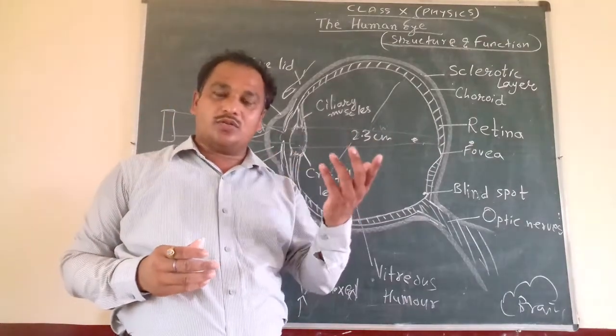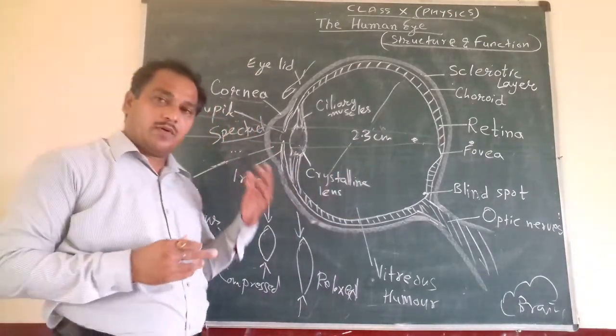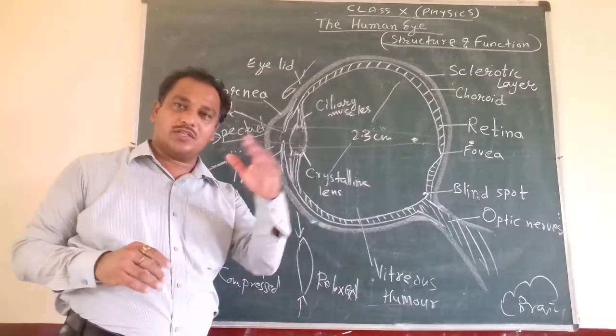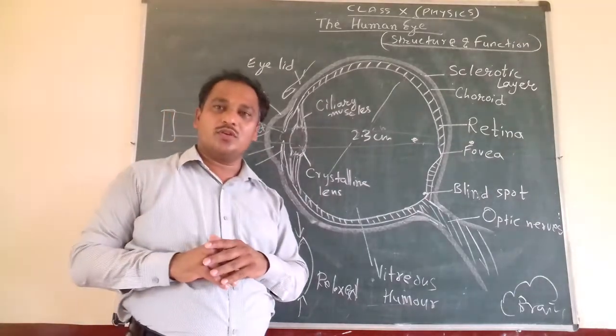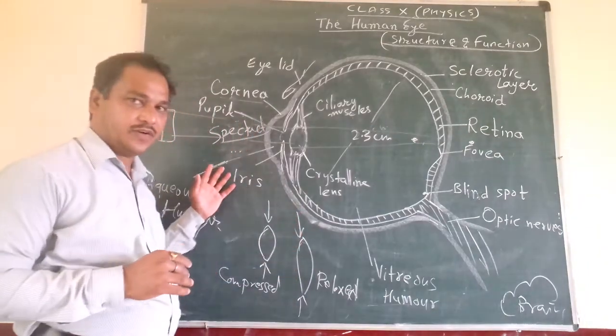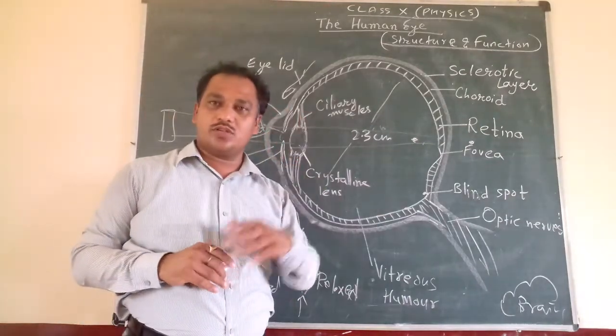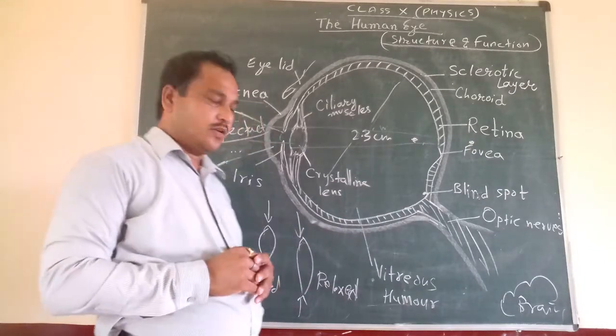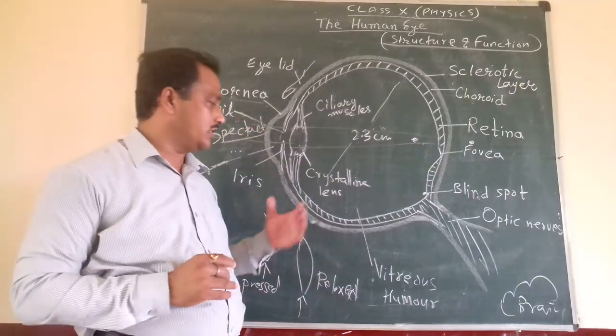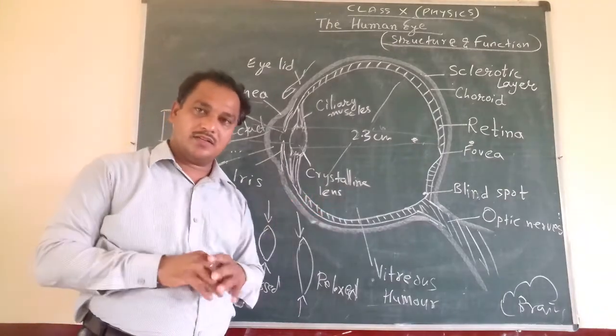To see closer and far objects. What type of lens will you use to see a closer object clearly? You will use a convex lens to rectify the defect. And what type of lens will you use to see a far object clearly? That is a concave lens. Okay? Hope it is clear to you. Revise it. Thank you very much.